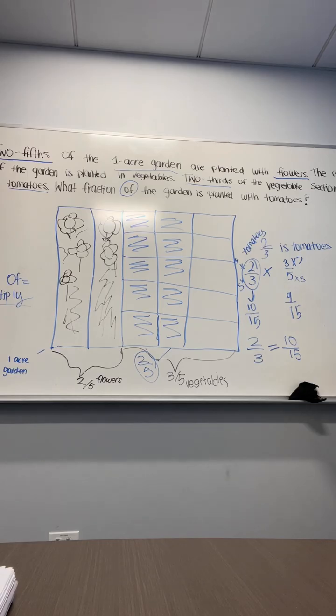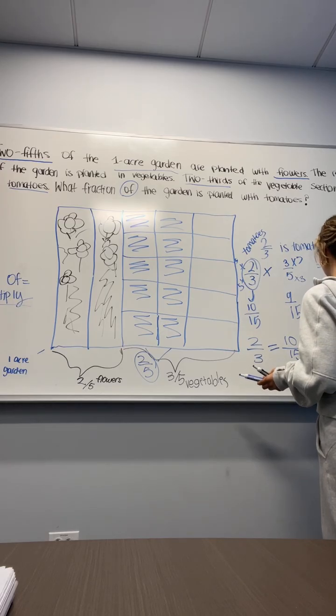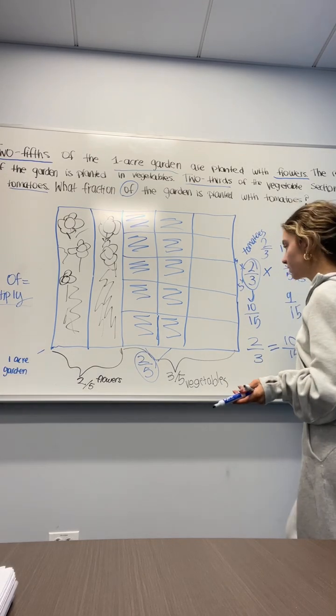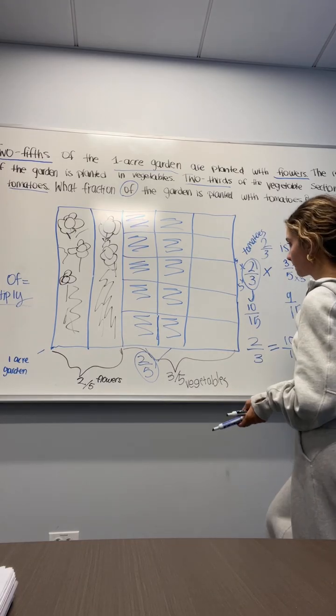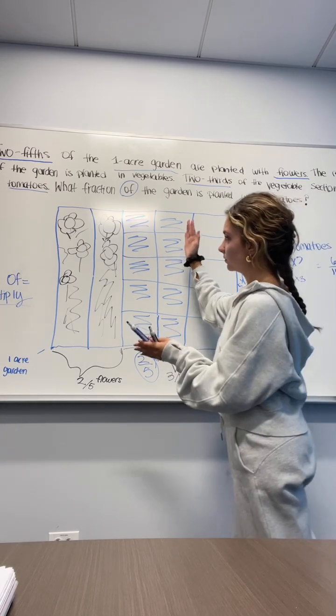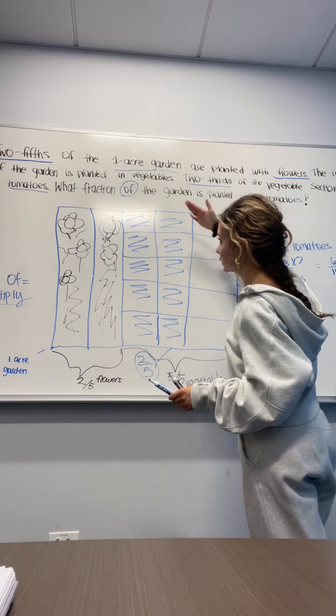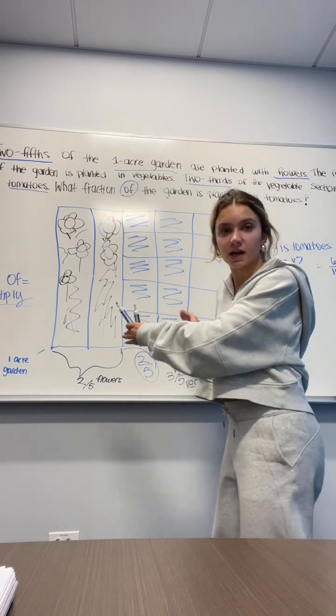So our answer would be 2/5, because technically what we did with this side is we just divided it deeper, but we didn't change the garden at all.